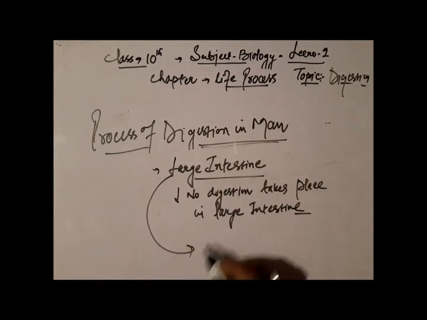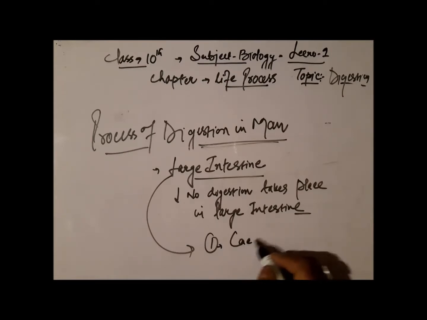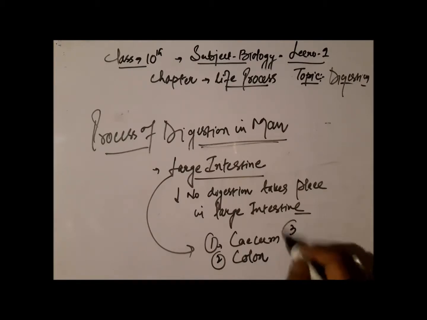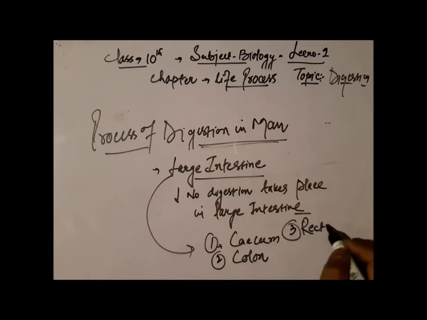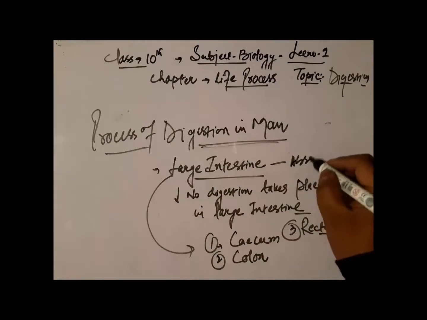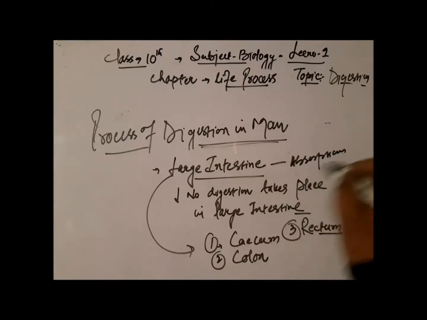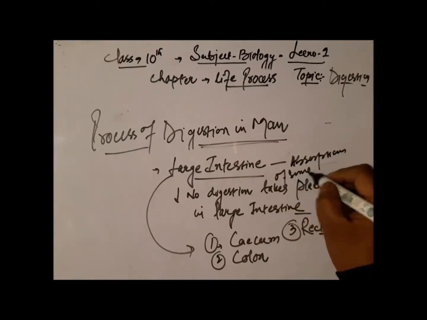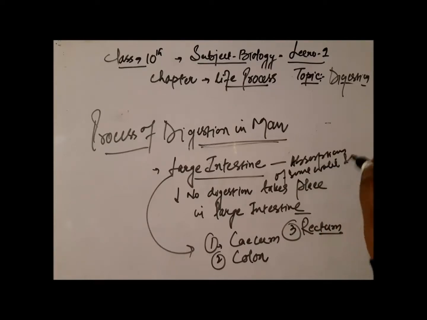The large intestine has three parts. Number one is called cecum. Number second is called colon, and number third is called rectum. And in the large intestine, only absorption of some water and mucus takes place.